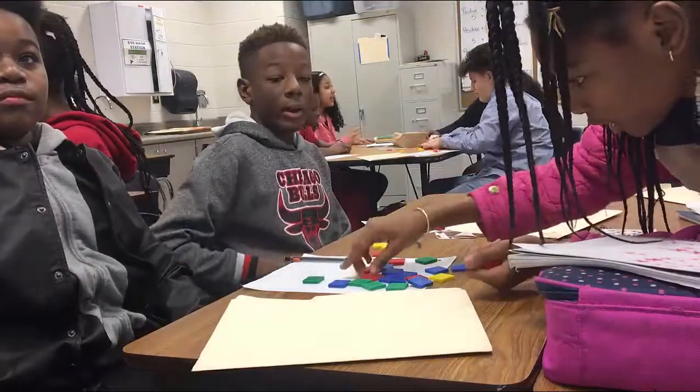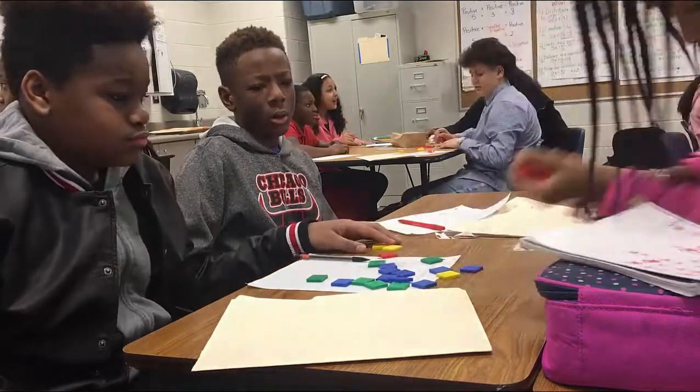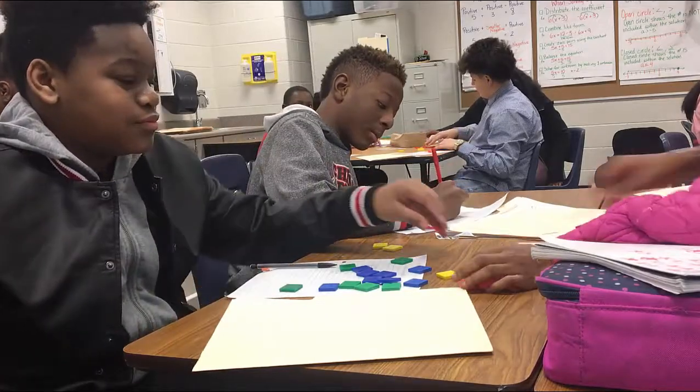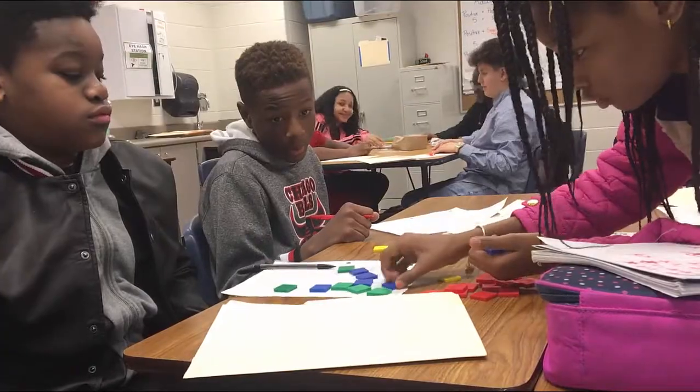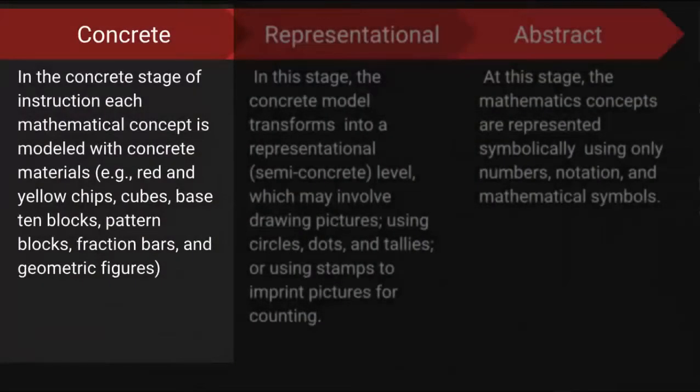With the reveal, students are able to compare their predictions to the actual quantity within the bag. This also begins the conversation around how to use this sample to determine the actual quantity within a population. In the concrete stage of the concrete representational abstract instructional model, each mathematical concept is modeled with concrete materials.